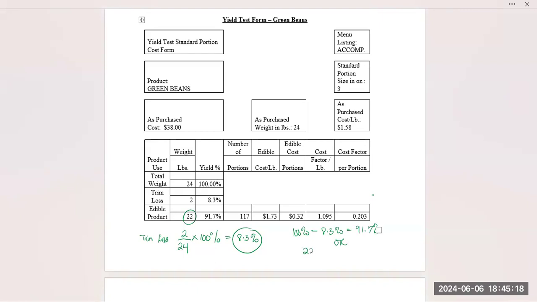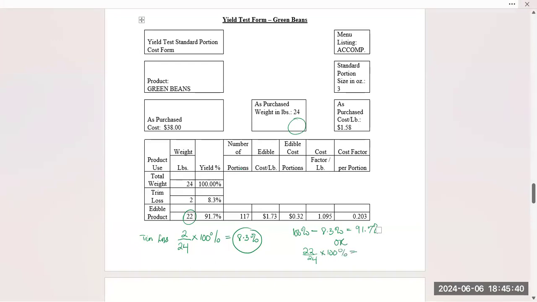I can say 22 over the total amount that was purchased, which is 24, divided by 24, times 100%.